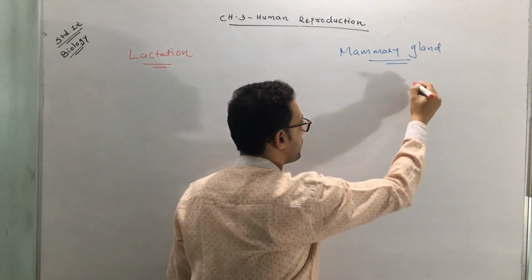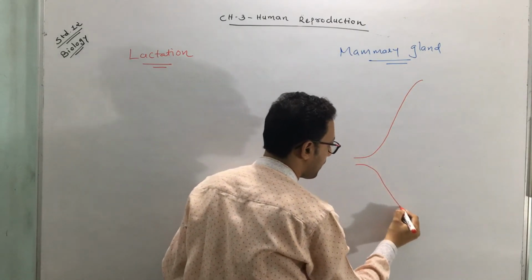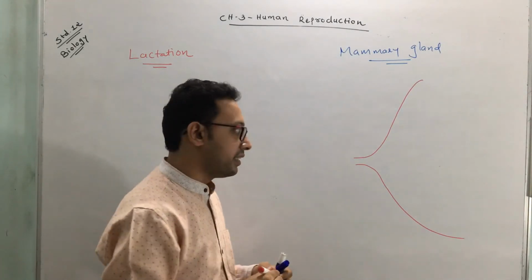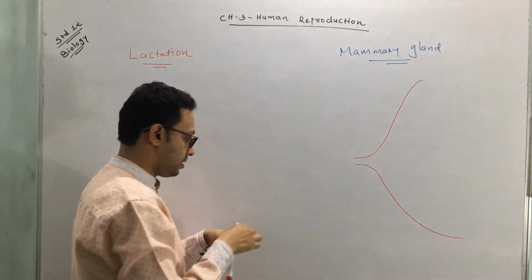If you see the structure of this mammary gland, this is a schematic representation of one mammary gland. This mammary gland consists of two parts.